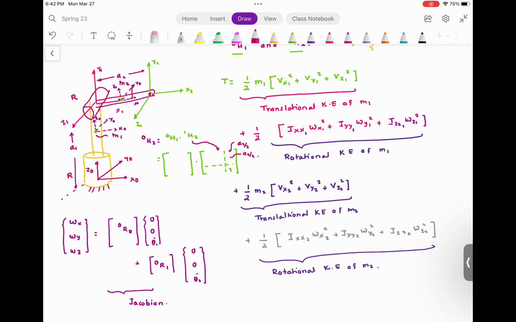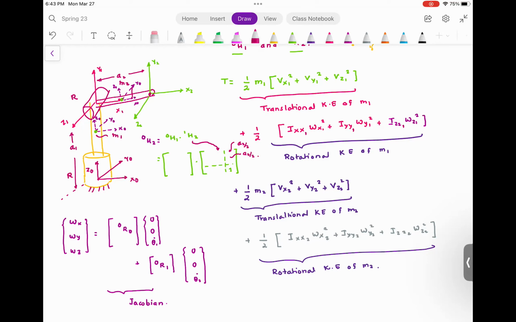Now let's look at the terms omega x1, omega y1, omega z1. If I want to find the angular velocity of link 1 in the inertial coordinate frame, I get 0, 0, 0, R0, which is 1, 0, 0.